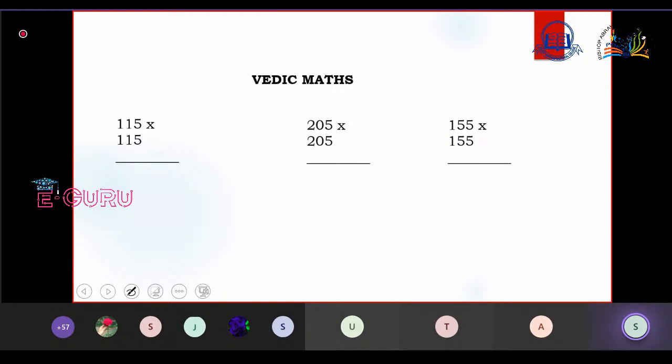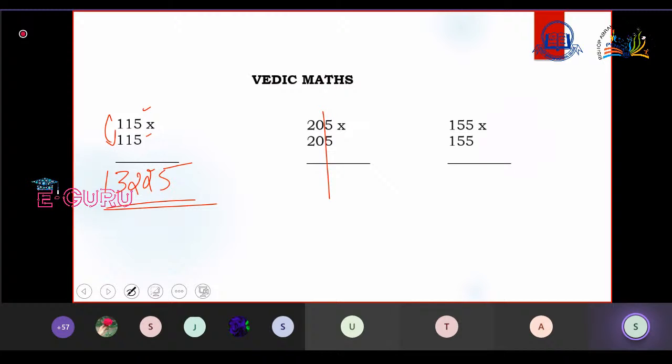115 into 115. The unit place is the same, so it is 5 into 5, 25, and the rest of the places are 11, right? 11 into the next number, 12. So 11 into 12 becomes 132. So the answer will be 13,225.